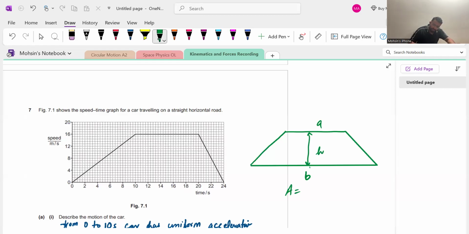So the area formula is 1 upon 2 (A plus B) into h, if you guys remember. So here you can see that this is 24 and this is starting from 10 till 20. So this is 10 and the distance between these two lines is 16. So this is 16.